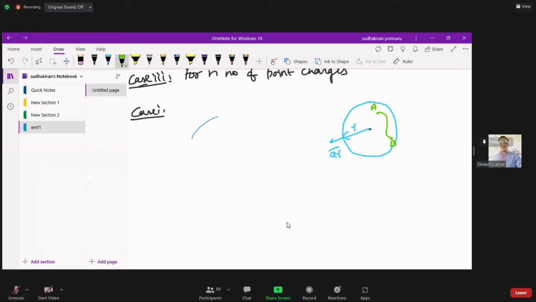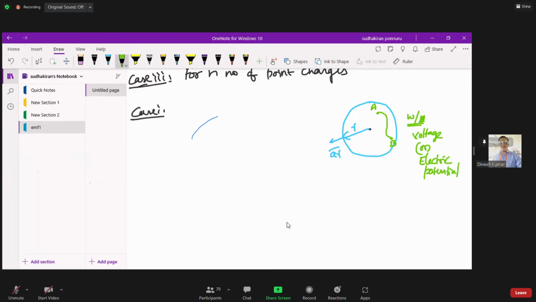Work done per displacement is nothing but voltage or electric potential. That's what we have derived earlier.